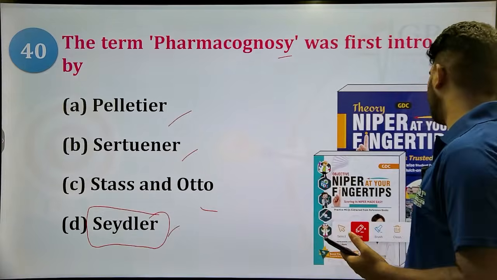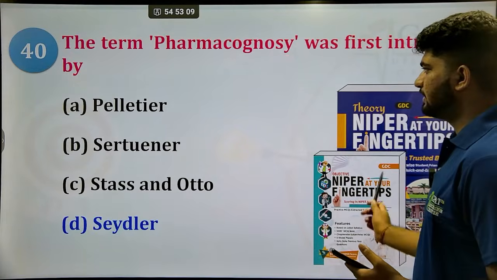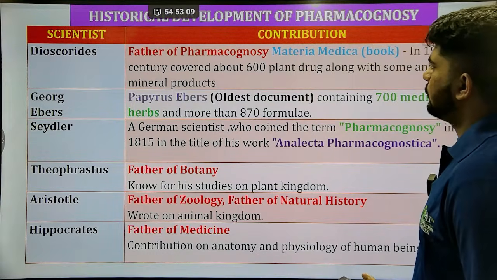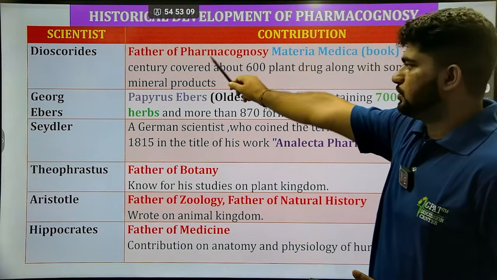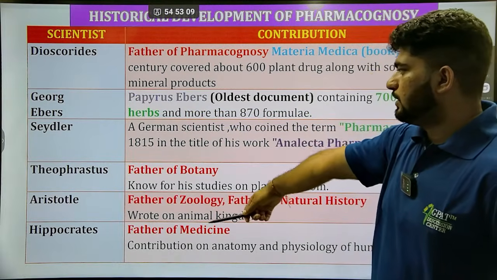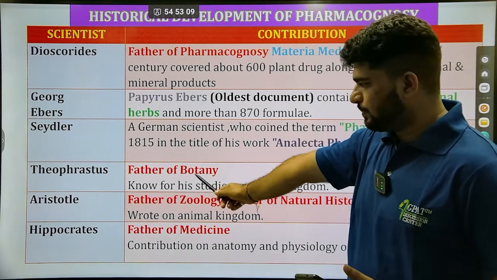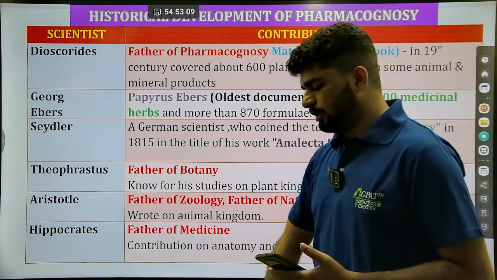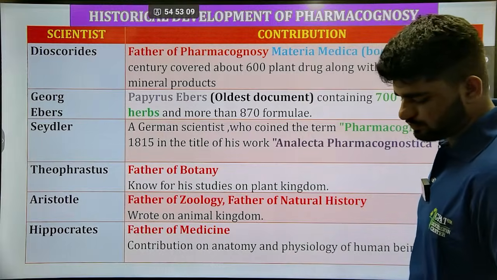Dioscorides was the father of pharmacognosy. George Ebers, Papyrus Ebers. Theophrastus, father of botany. Aristotle, father of zoology. Hippocrates, father of medicine.